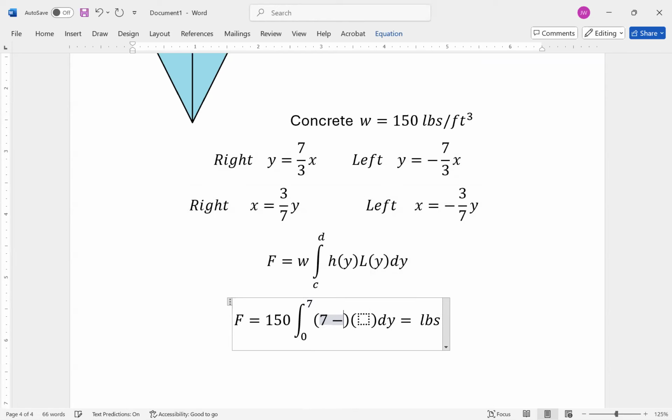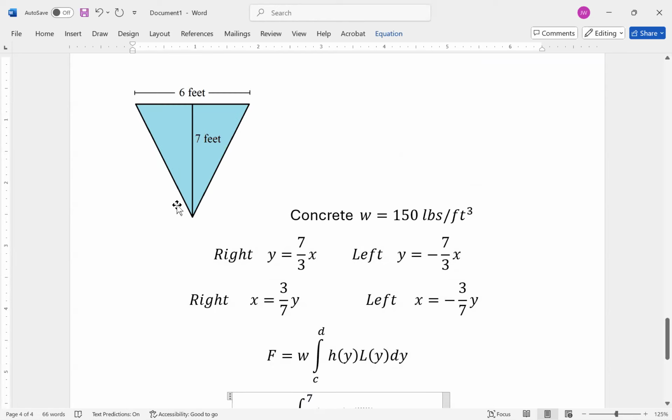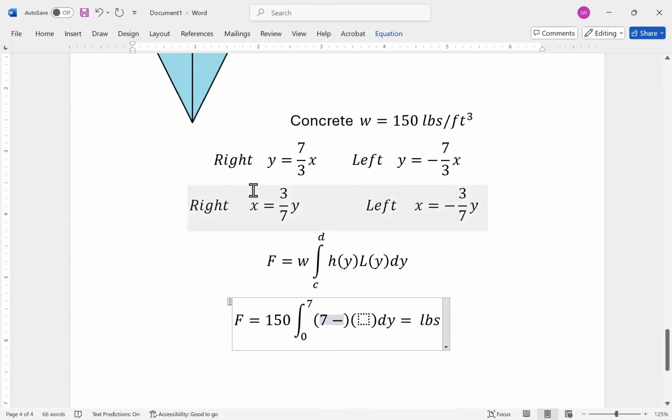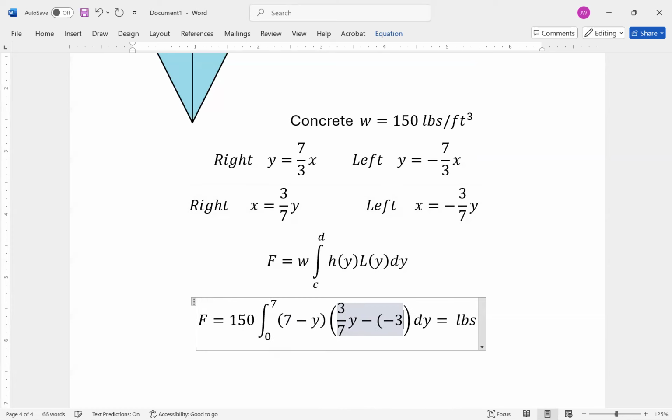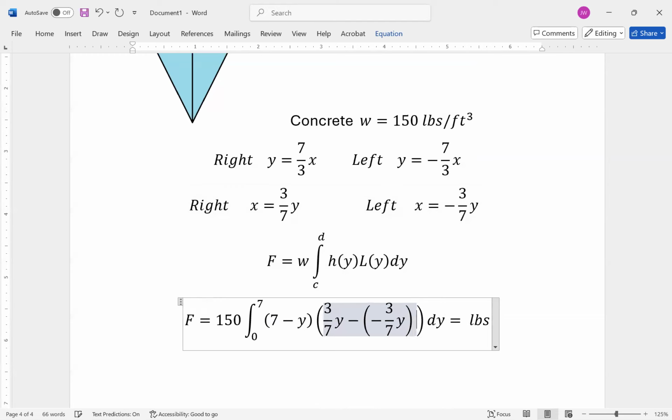The depth is from 7 feet down to some arbitrary y value, 7 minus y. And the length, we're going from the right-hand side, that is 3/7 times y, down to the left-hand side, which is negative 3/7 times y.